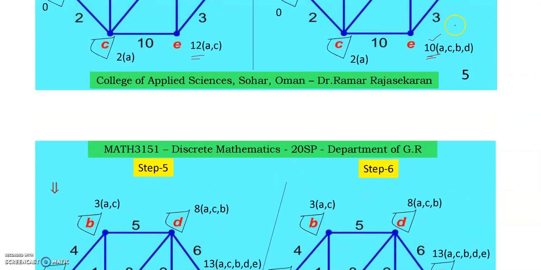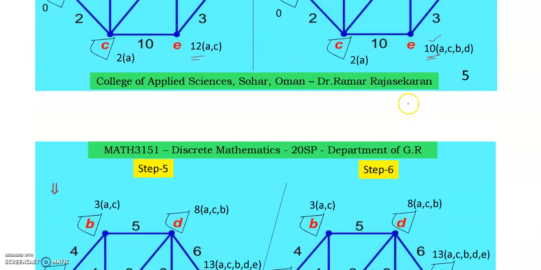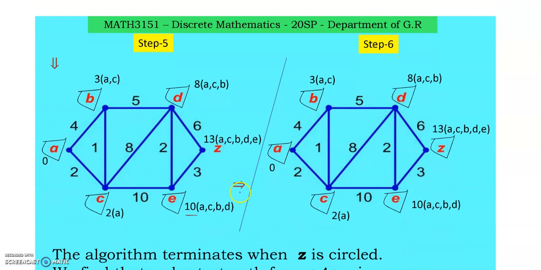Already we calculated that here, so here 14. But now we can get less than that, because here it is 10. Now add this value, that is 3, 13. This is the shortest path with minimum distance 13. So now A, C, B, D, E.